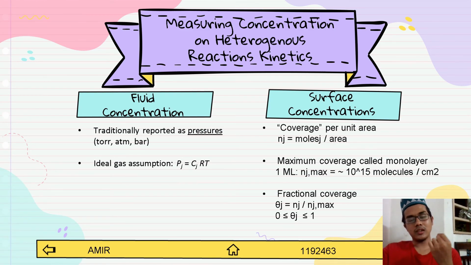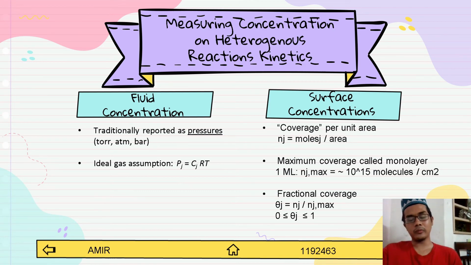For the next category, surface concentration, if we want to calculate the coverage per unit area, we will use the formula N equal to moles per area. N is equal to coverage. If we want the maximum coverage, called a monolayer, one monolayer max is approximately 10 to the power of 15 molecules per centimeter squared.